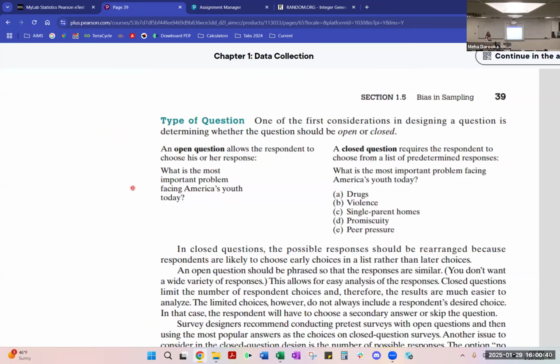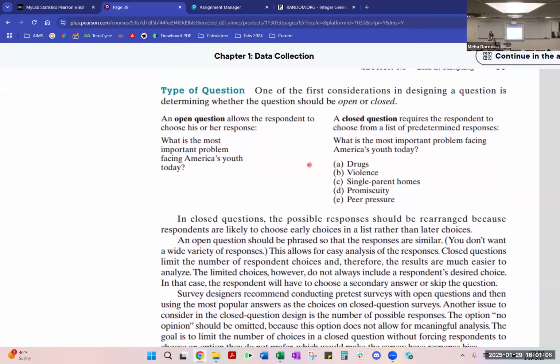And the type of questions: is it an open question or a closed question? So you can see here, what is the most important problem facing America's youth today? It's open, right? Anything can come to mind. The other one asks the same question, but then lists five options: drugs, violence, single parent homes, promiscuity, peer pressure.